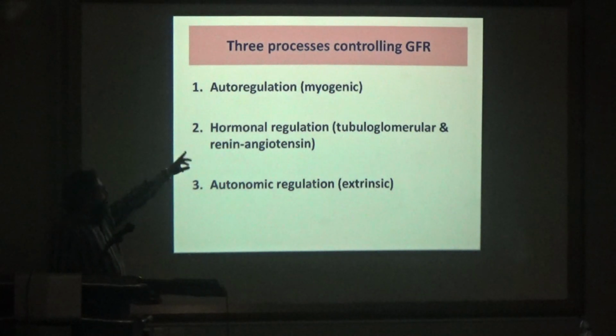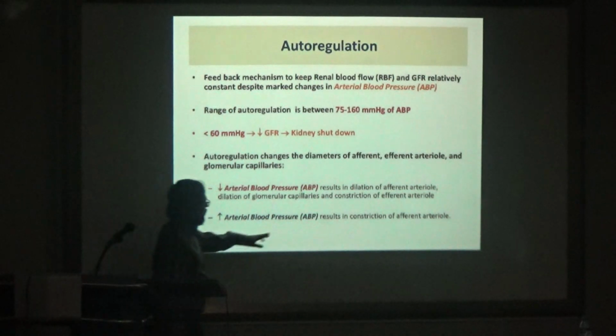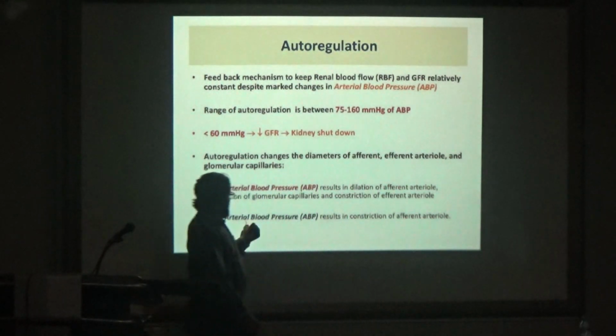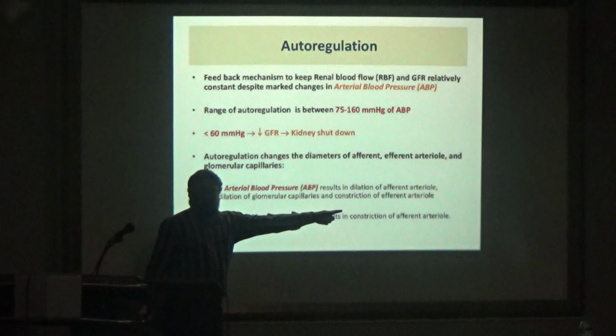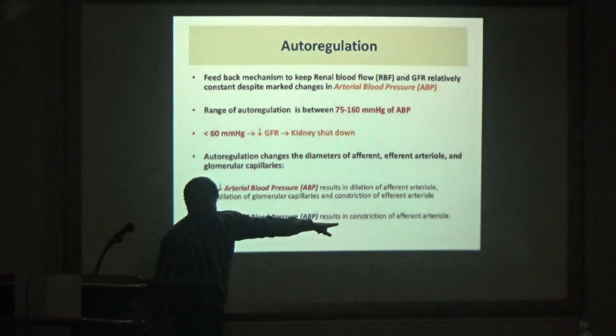What do you mean by myogenic mechanism? Whenever the blood pressure is high, the afferent is the one that is affected more. We have not mentioned the efferent.